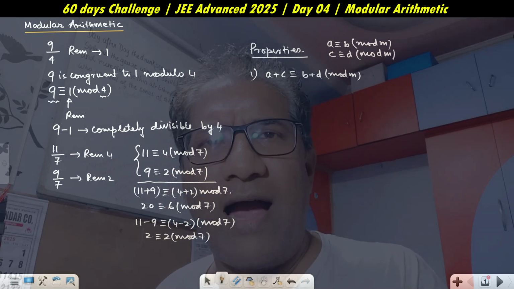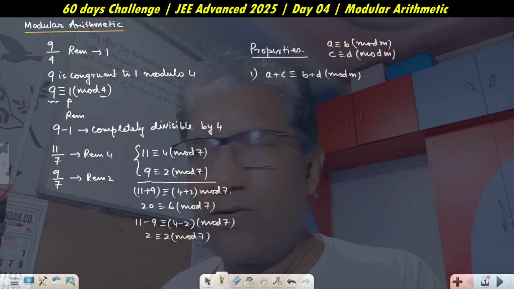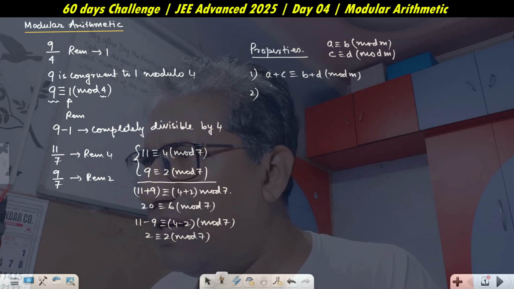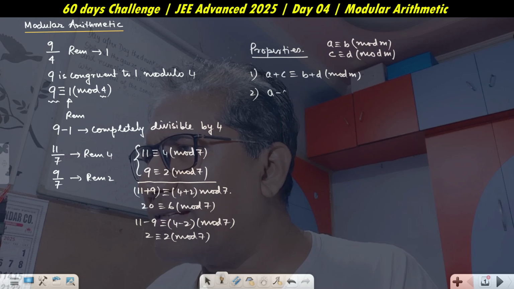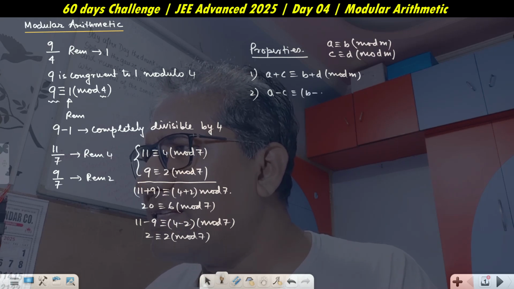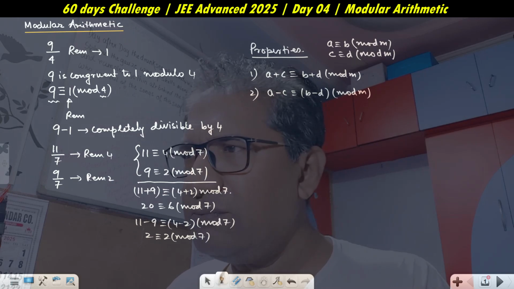When 2 is divided by 7, the remainder is 2. So the second property, the subtraction property, is that A minus C is congruent to B minus D modulo M. Is it clear?